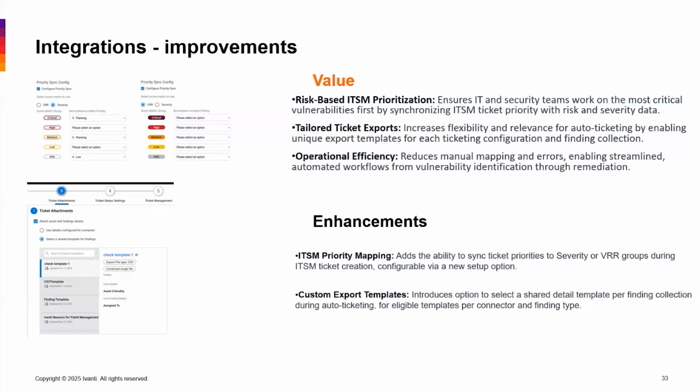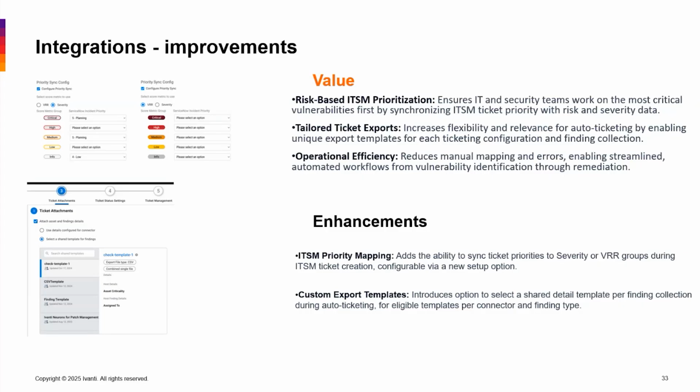First, like I was telling, the first enhancement on the integration side is how you assign the right priority for the tickets that are created from RBVM. What we did is we gave users a couple of options. Either you pick our Vulnerability Risk Rating, which is called VRR, so you can map either VRR or the severity levels to the Ivanti ITSM priority levels.